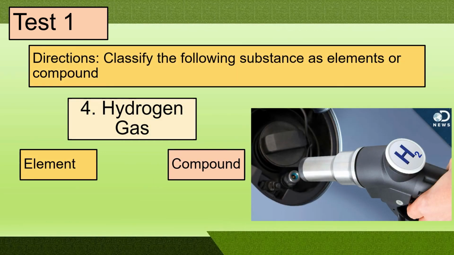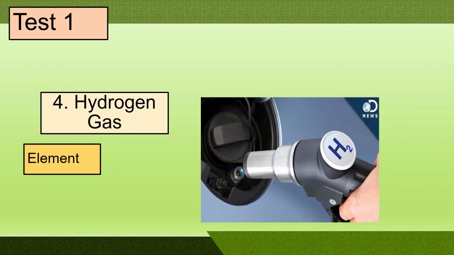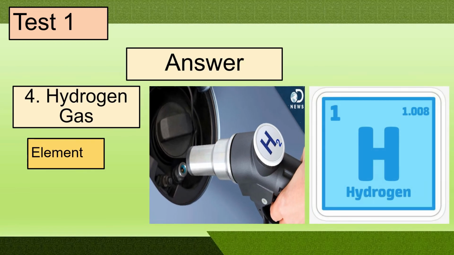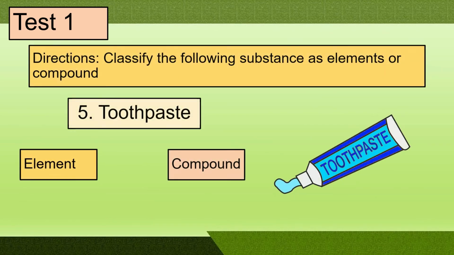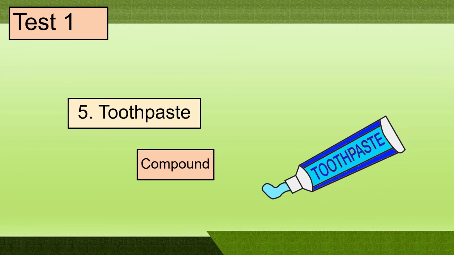Is it an element or compound? The answer is, it is an element that has a chemical symbol of H. And for number 5, is it an element or a compound? And the answer is, it is a compound.